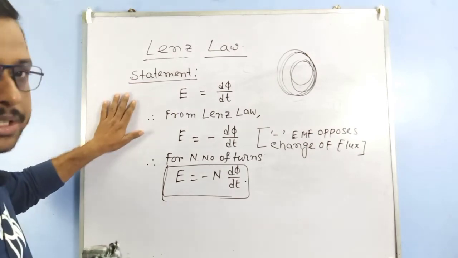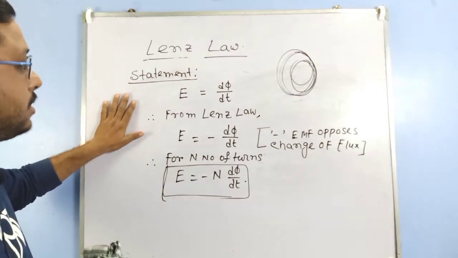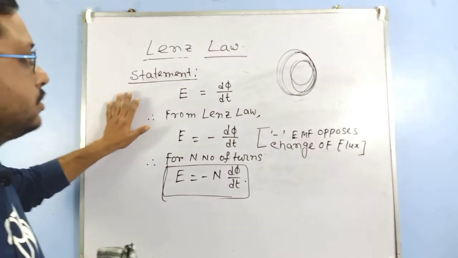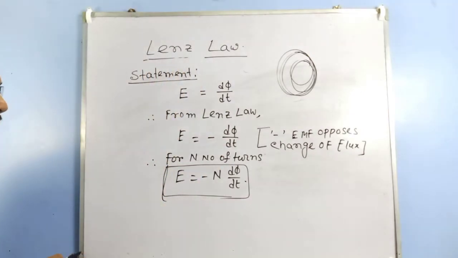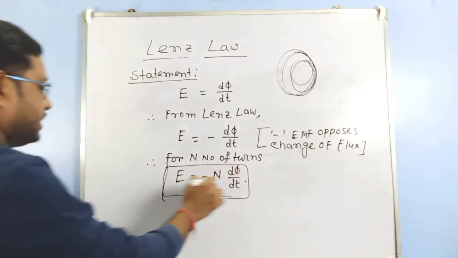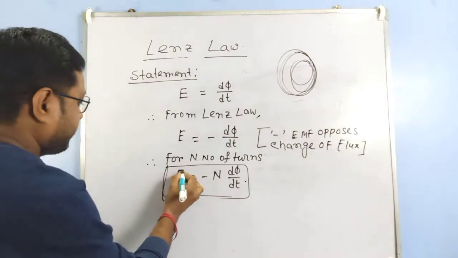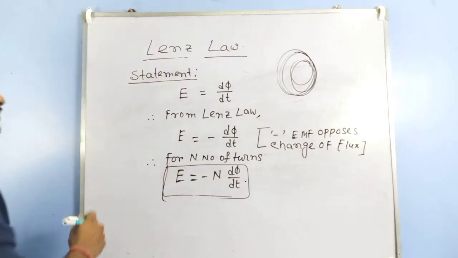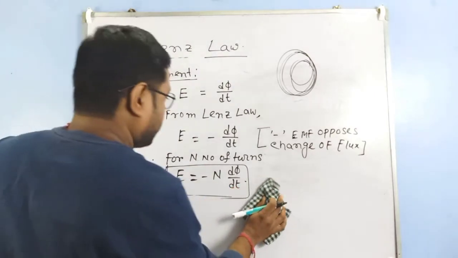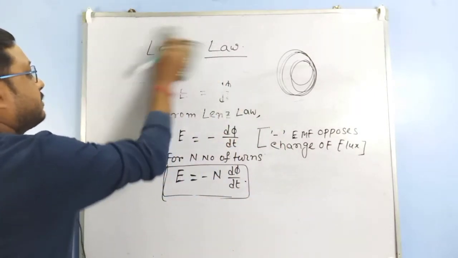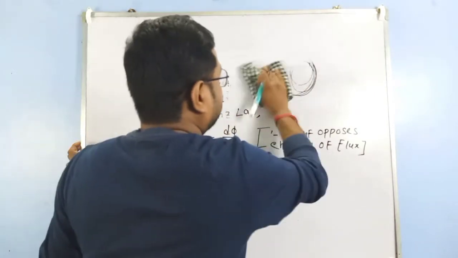I hope you understand this. Here phi is in Weber, t is in second, E is the EMF in volt. So, we can go with energy conservation of Lenz law.